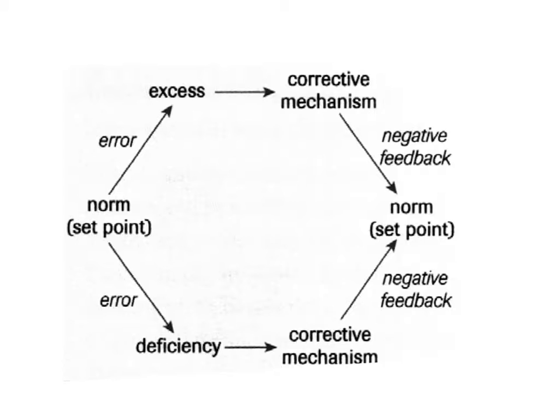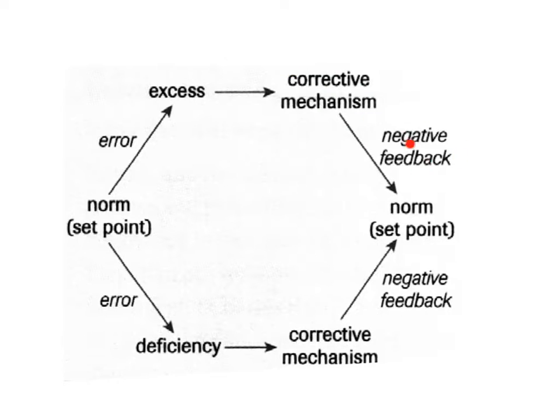So here we have a diagram showing how the negative feedback prevents the overcorrection of what's going on. So there's a norm point, for example, our body temperature. Error, we get body temperature goes up. We have some system to correct it, for example, the ability to sweat. It is the important bit of the negative feedback that this corrective mechanism does not make, for example, our body temperature, which has gone too high, become too low.